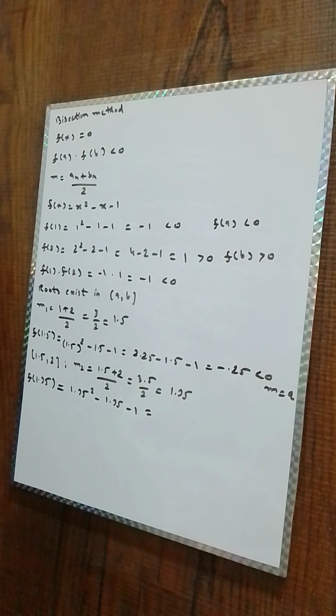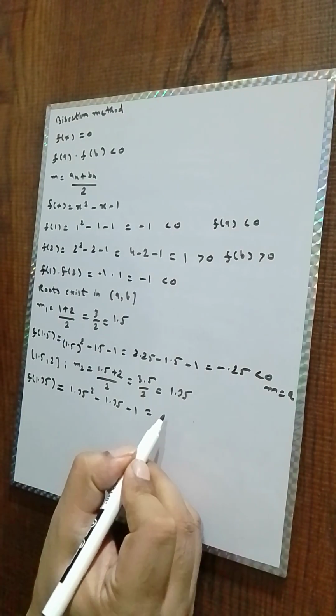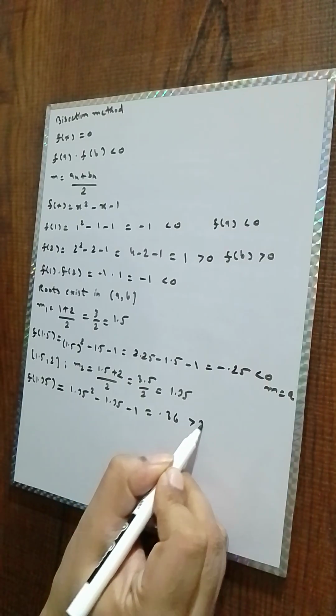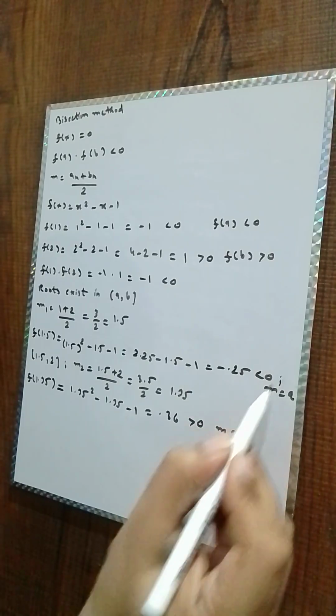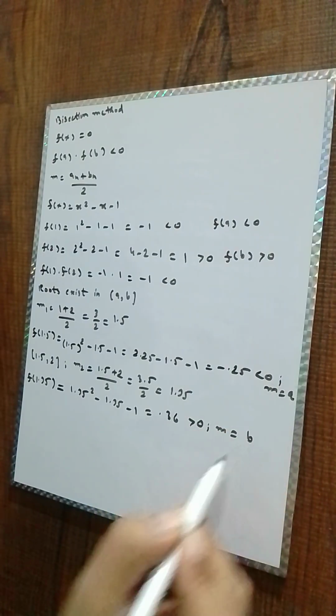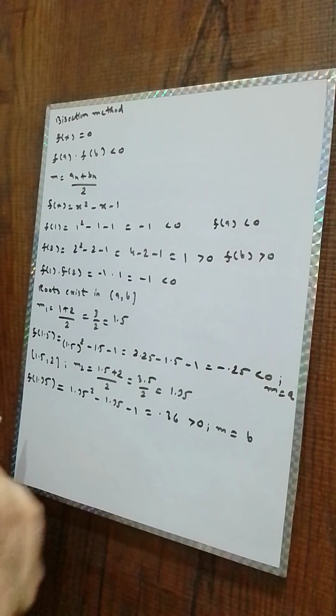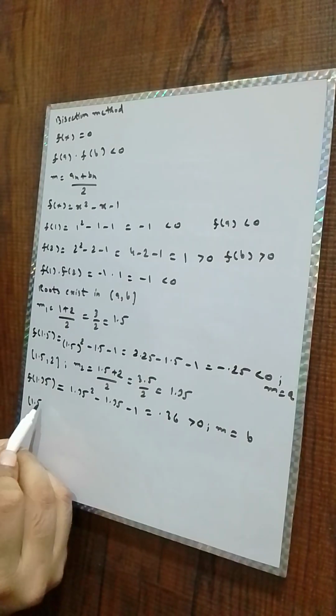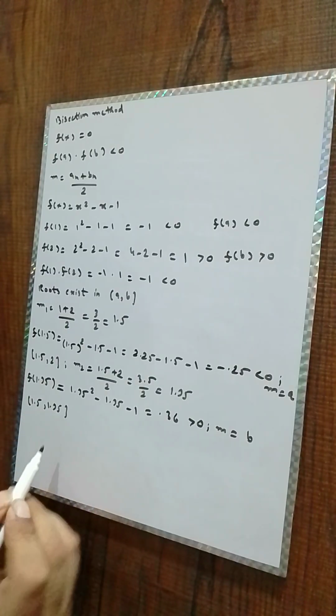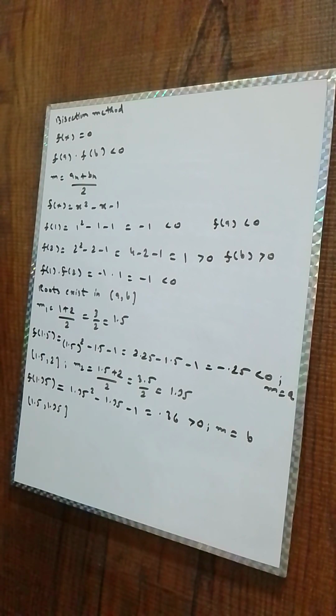We will need a calculator for that. What we have this time is roughly 0.36, which is greater than 0, so m would be, in this case, b. Yes, so the upper bound would change, so the interval would be 1.5 and 1.75.